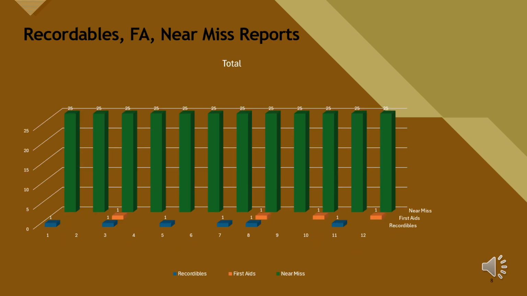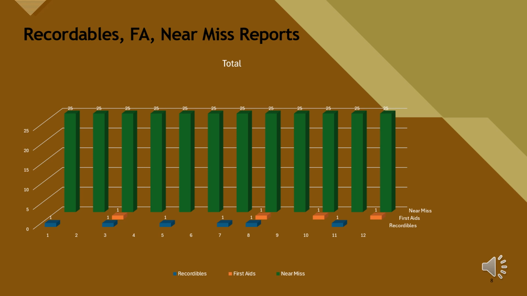This graph shows the recordables, first aid, and the near miss reports together. This kind of shows that Brown really doesn't prioritize the documentation process, and this type of process is crucial for improvement in workplace safety. They had 6 recordables in 1 calendar year of business, March and July both having 1 recordable and 1 first aid.